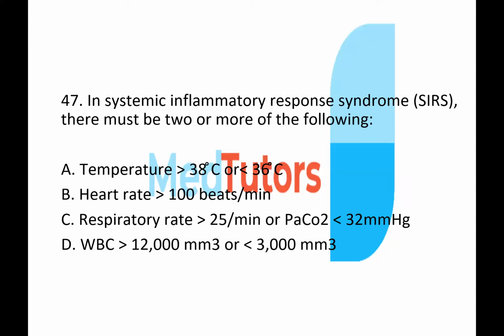And respiratory rate should be more than 20, or partial pressure of carbon dioxide less than 32. That is the correct option. So B is not 100, but 90. Okay?